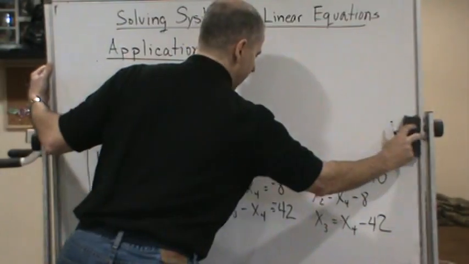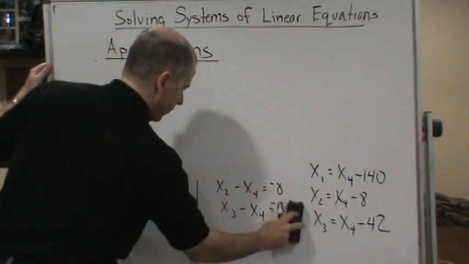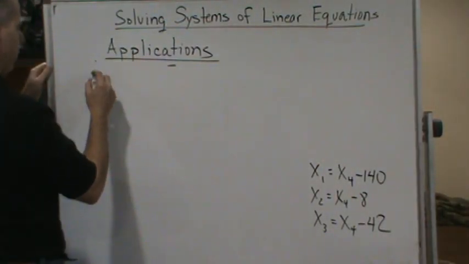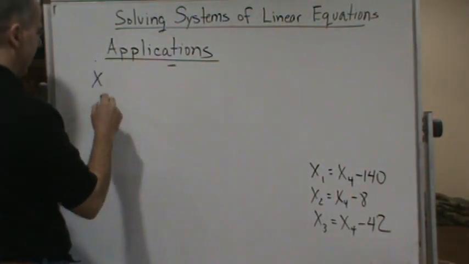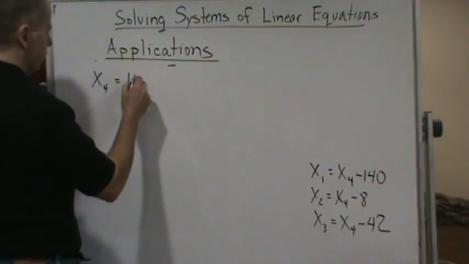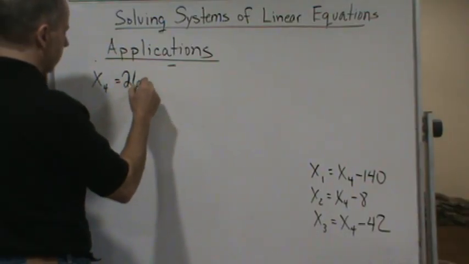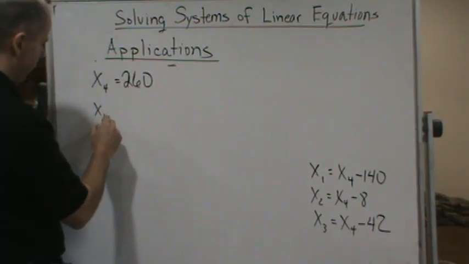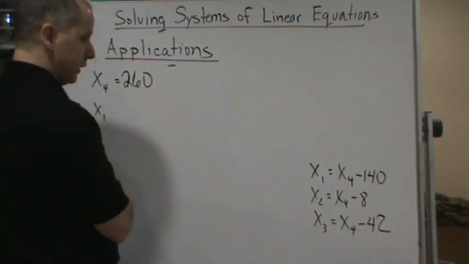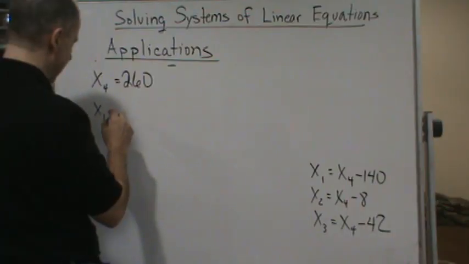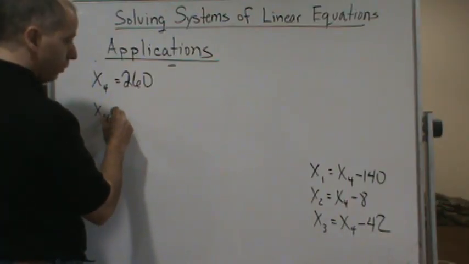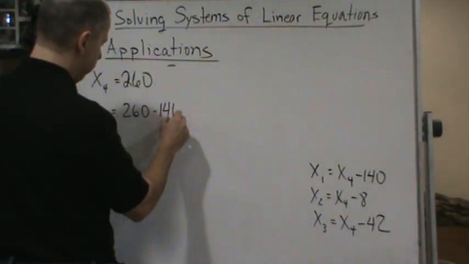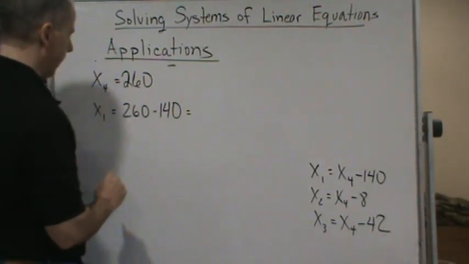Okay. So now we're told the flow rate between D and A is equal to 260 vehicles per hour. That would mean that the flow rate X1, which is between intersections A and B, would equal 260 minus 140, right?